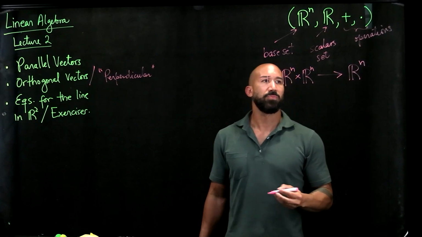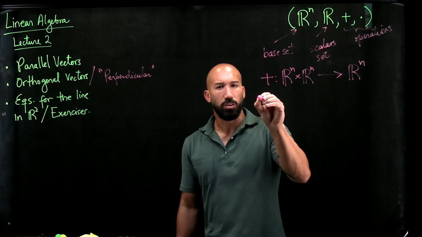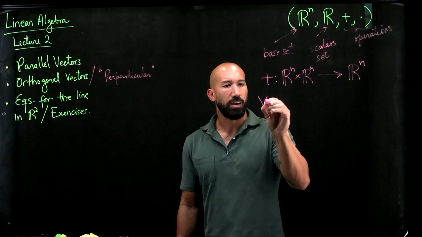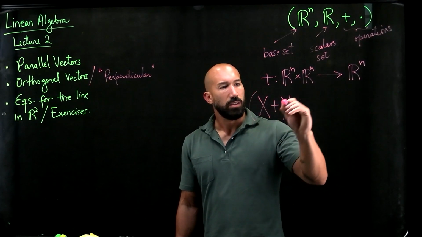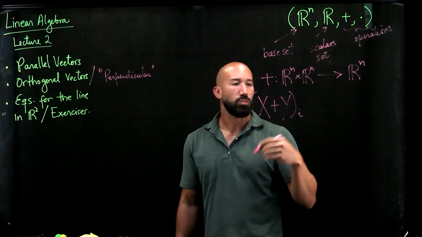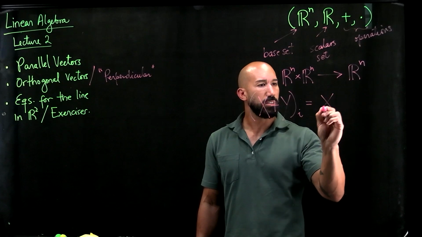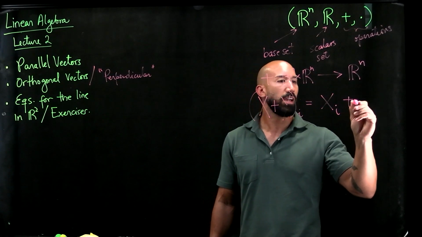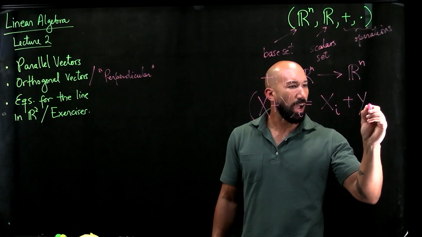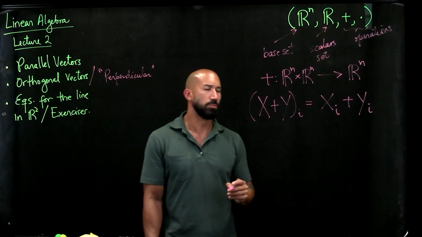Let's say that if I'm gonna write it in a little bit more compact way, if I add the vector x and the vector y, the ith entry or the ith component of the addition is gonna be the addition of the ith component of x and the ith component of y. Is that okay?